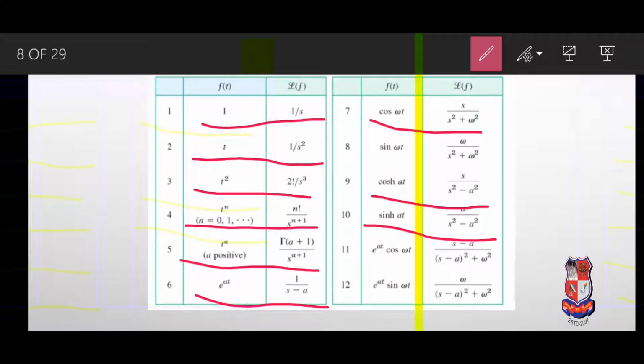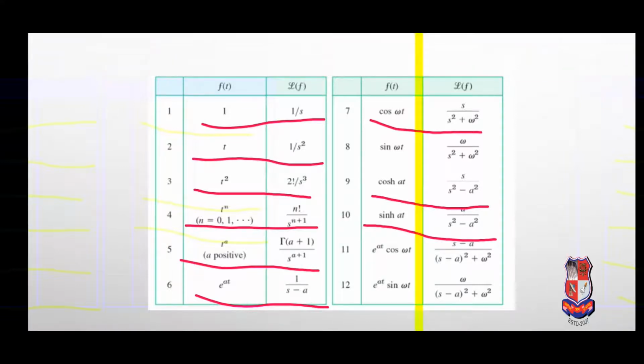Then Laplace of e raised to at cos omega t will be s minus a upon (s minus a) all square plus omega square, and e raised to at sin omega t is equal to omega upon (s minus a) square plus omega square. We have to remember this table.